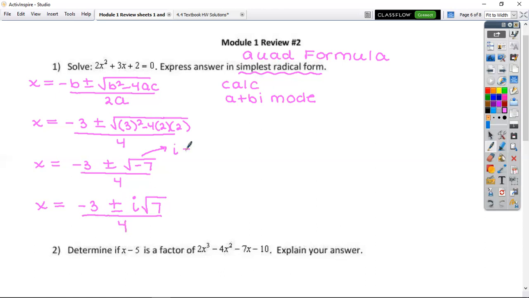So i right here was equivalent to the square root of negative 1, and that's where you're going to leave your answer. So nothing further there. Again, that is a quadratic that has imaginary roots. Any calculator issues? Okay.